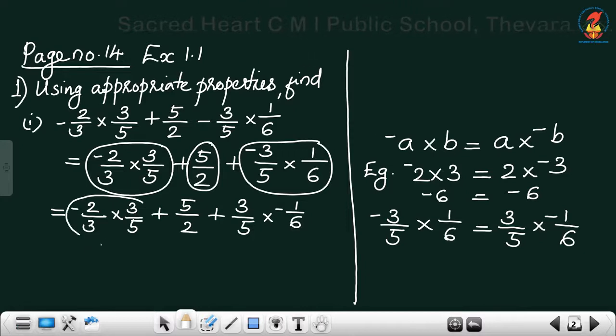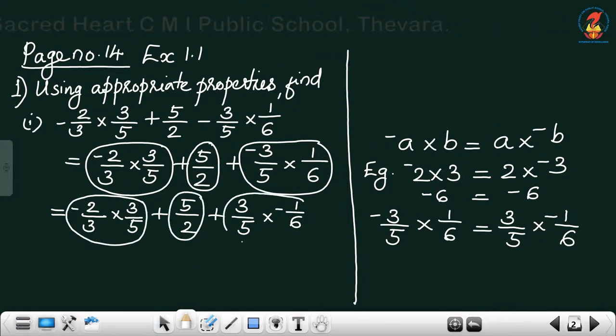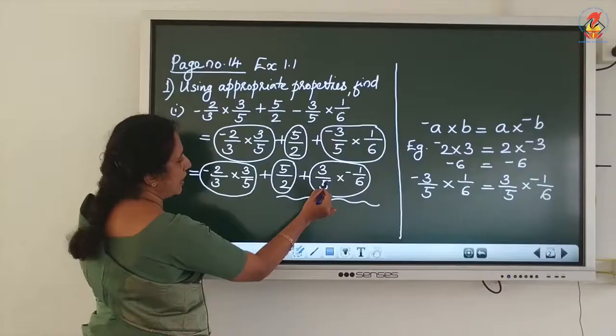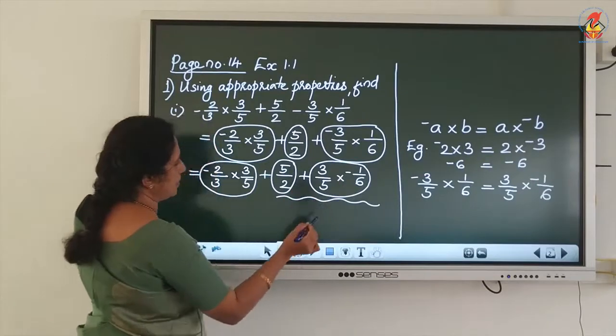Now, look, this is the first term, second term, and this one is the third term. Look at the first term and the third term. The rational number 3 by 5 is common. So, we can change the positions of 5 by 2 and 3 by 5 into negative 1 by 6.